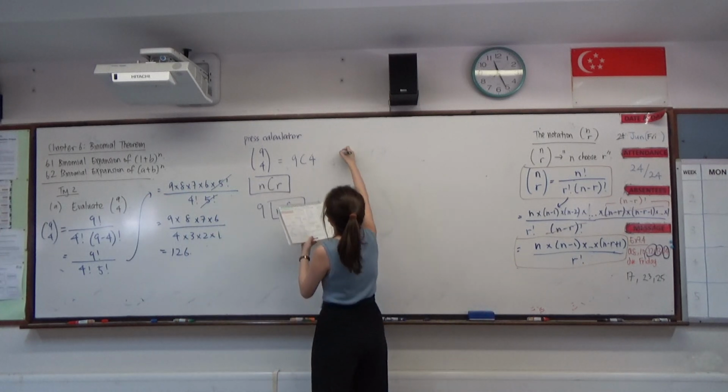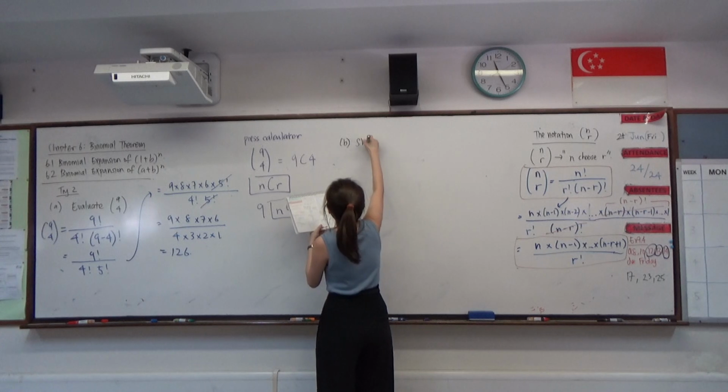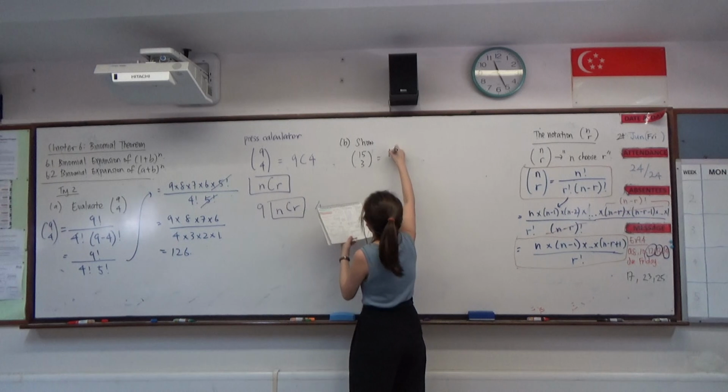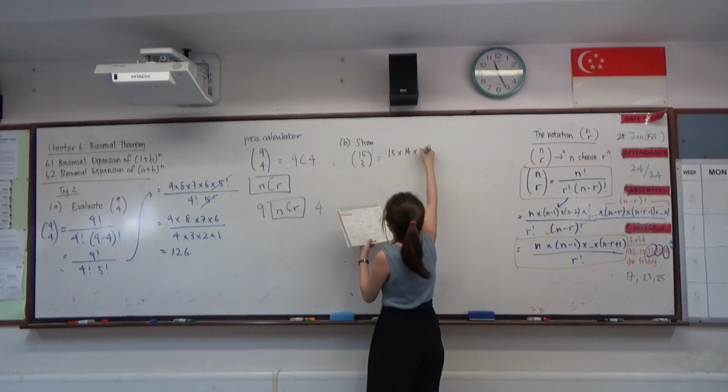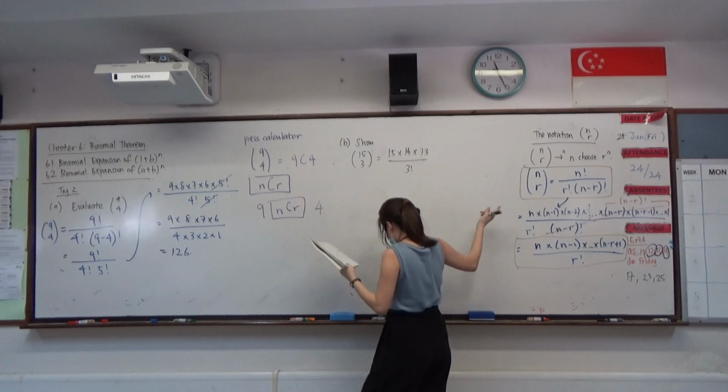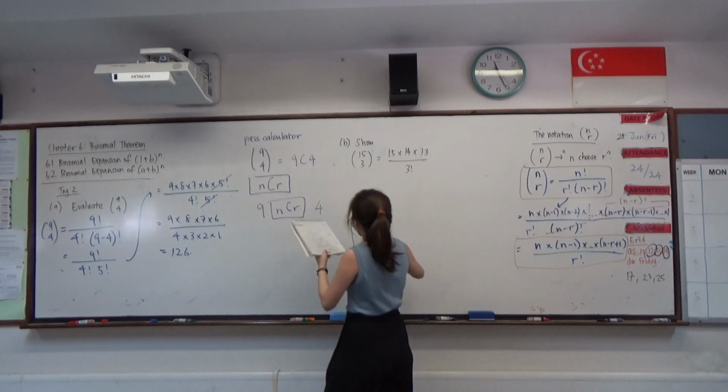Alright, then after that in part B, we want to show that 15 choose 3 is equal to 15 times 14 times 13 over 3 factorial. So we do it by the definition.